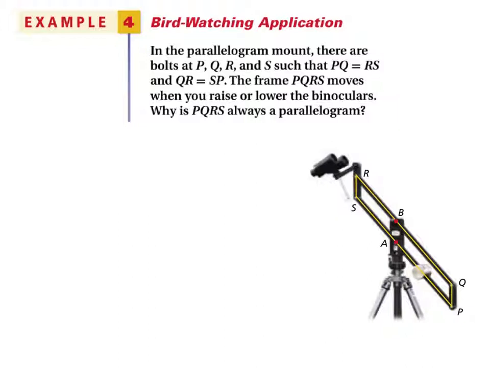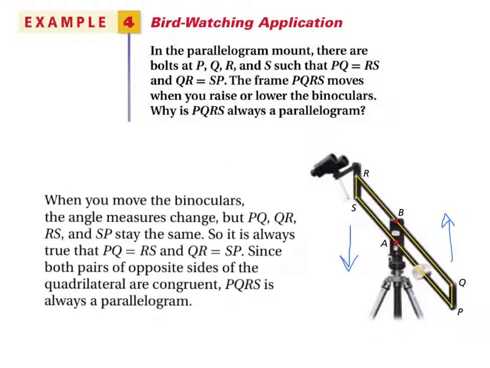So it's saying, as you move everything on these bolts at P and Q, and for example, if you move this part down and this part up, why would this yellow parallelogram always remain the same? You would say this. Because when you move the binoculars, the angle measures change.